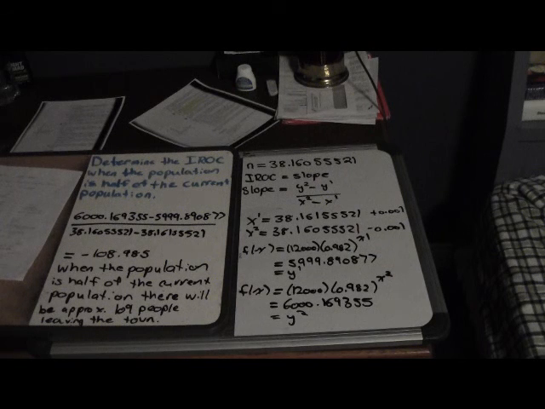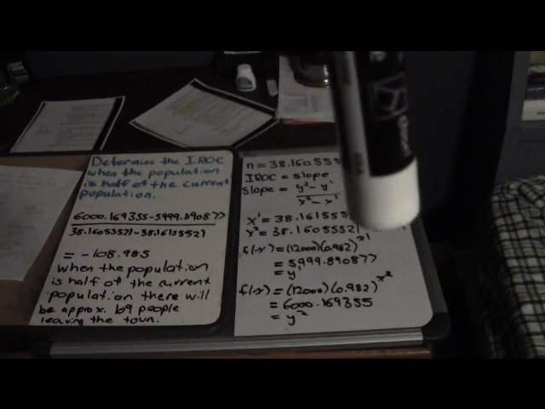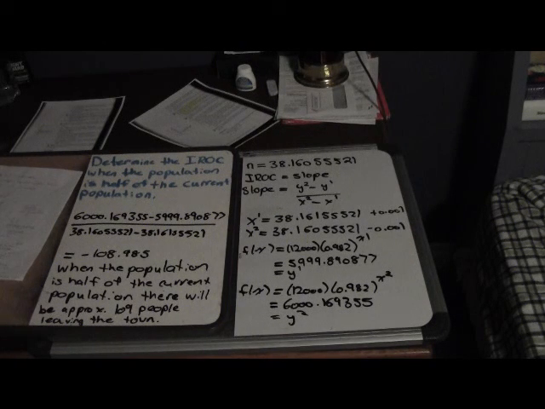If you have your own piece of paper and you have enough space, you can just plug in the x2 value where I put in x2. So once you do that equation, 12,000 times 0.982 to the exponent of x2, you are left with an answer of 6,000.169355. And that gives you your y2 value. So now you have your y2, your y1, and your x2 and x1.